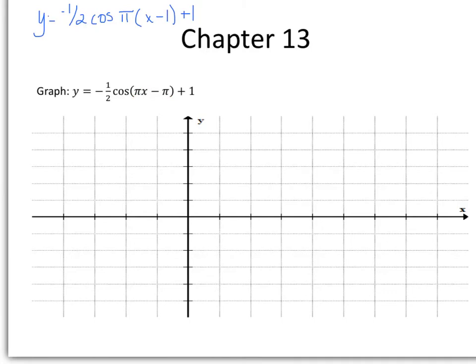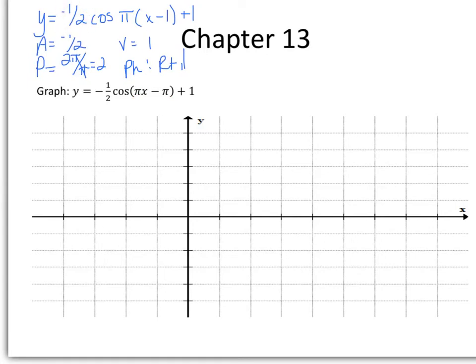Now we can accurately get all the information we need for this. We know that the amplitude is a half, and the period of this is 2 pi over pi, which is 2. The vertical shift is 1, and the phase shift is to the right, 1.